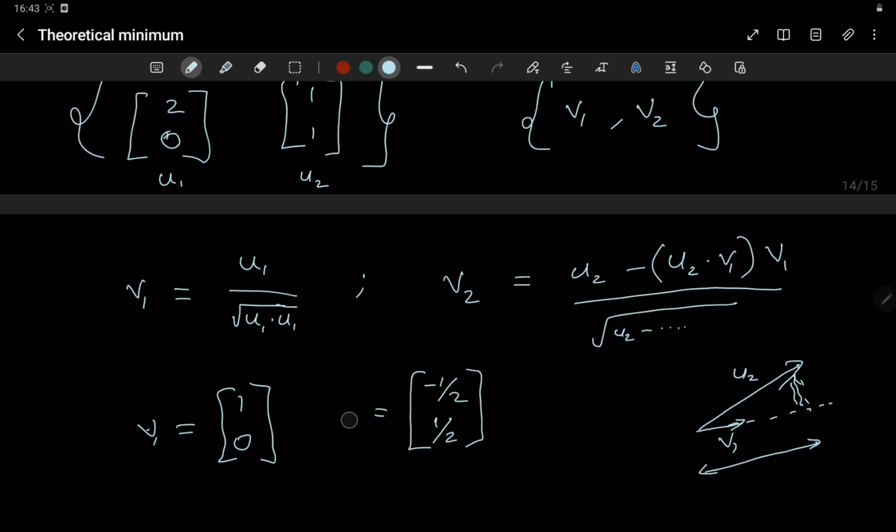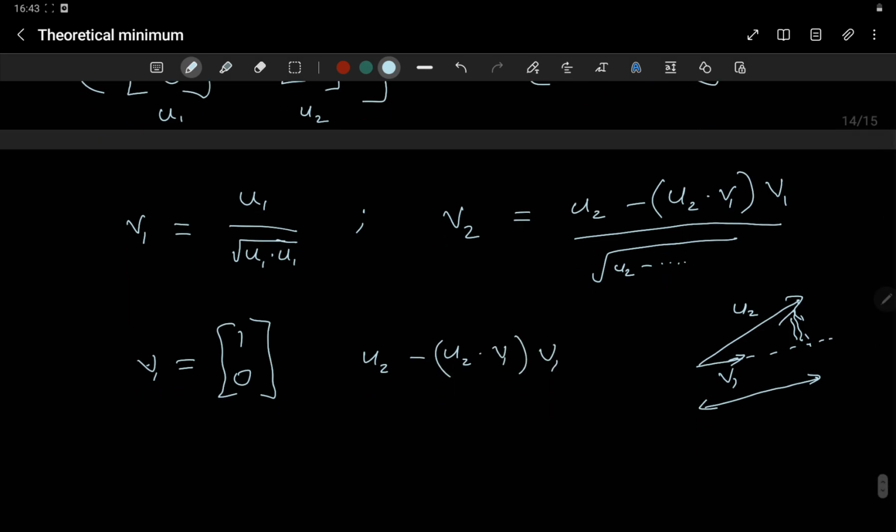So tell me, what is u2 minus u2 dot v1 into v1? u2 is (1, 1), and this is v1.